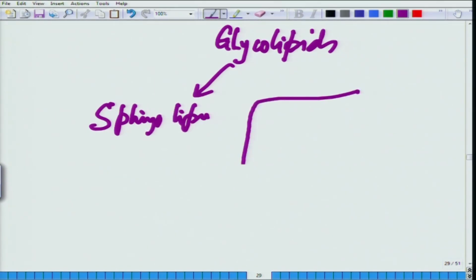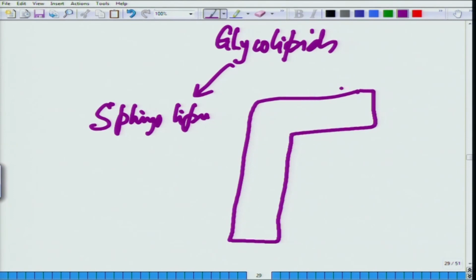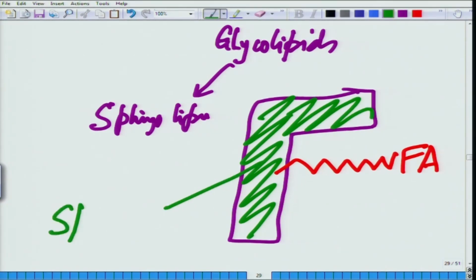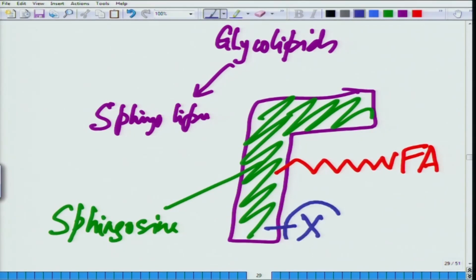So, what you can do, you can draw a sphingosine moiety likewise, and you can attach the fatty acid group. This is the sphingosine moiety, which I am shading in green now, and on top of this you have the X here, and this X is replaced by a carbohydrate.